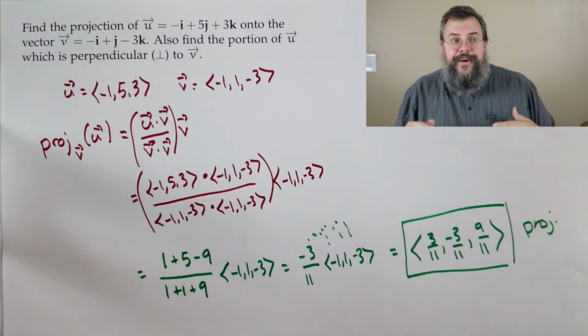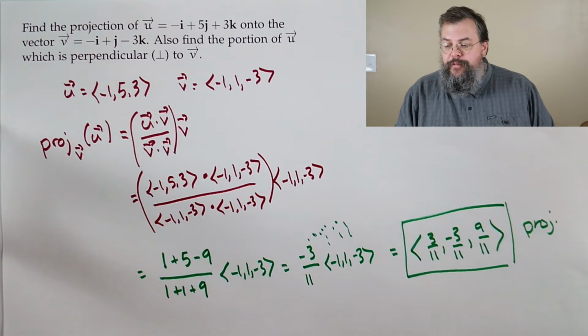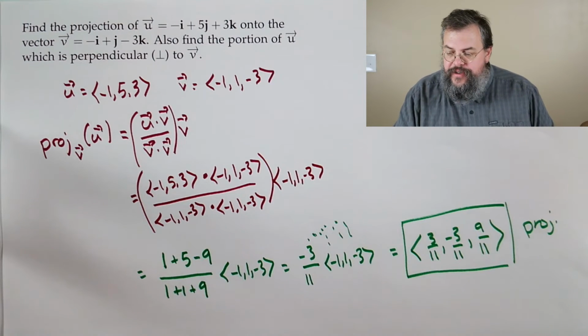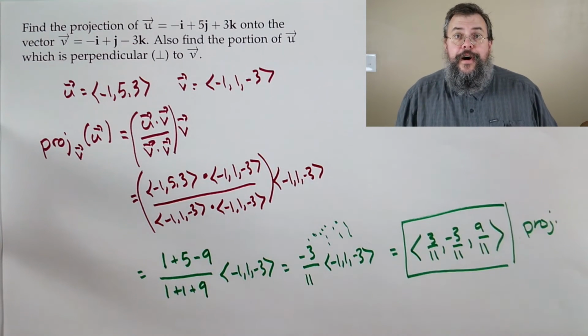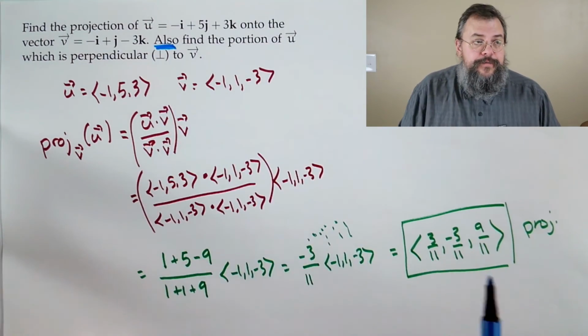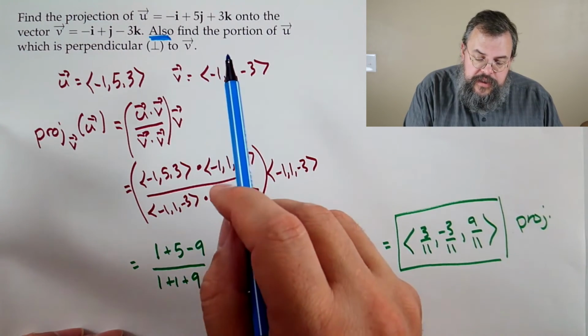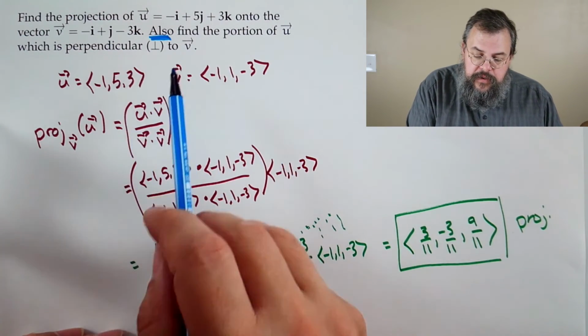Okay, now, if we were just asked about projection, we'd be done. But you'll notice this question also has the word "also." It's right there, which means a little bit more work. It says, what's the part of u perpendicular to v?